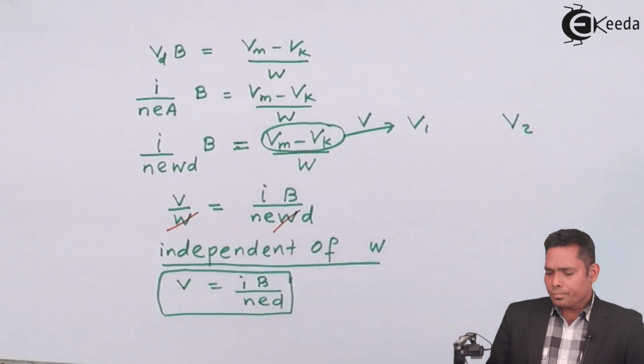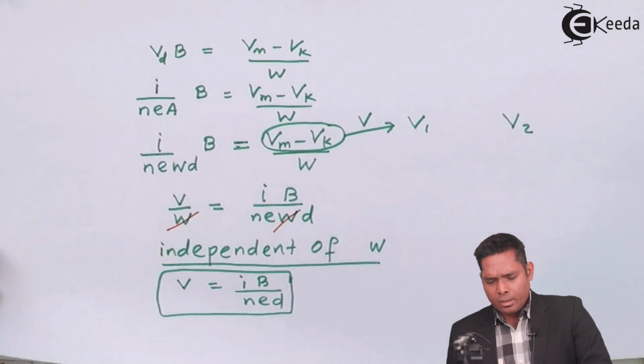This is the relation we are getting, and now we'll solve the question and check the options.